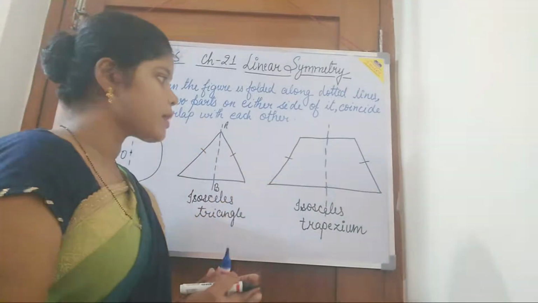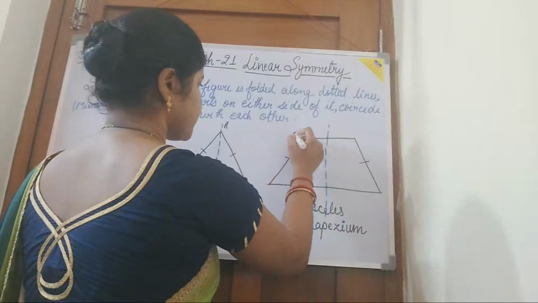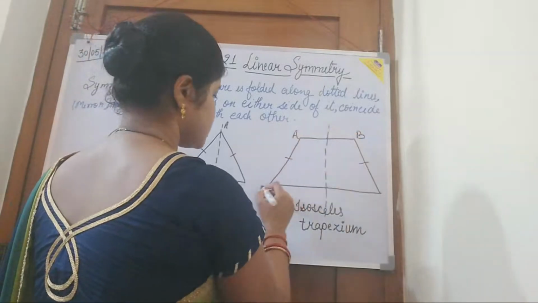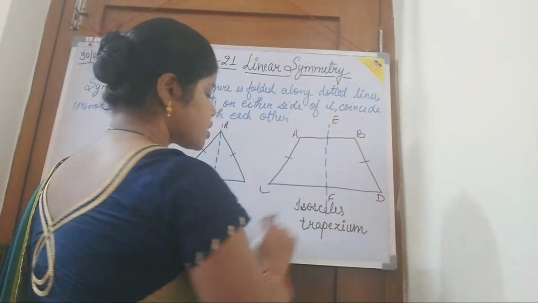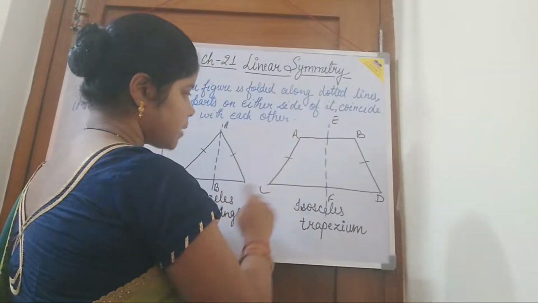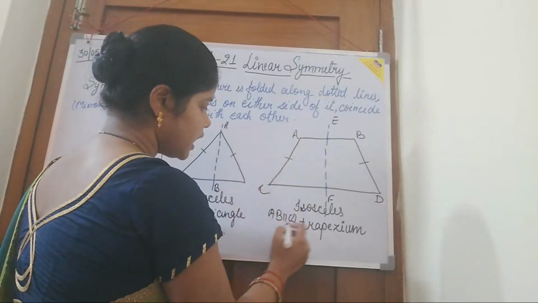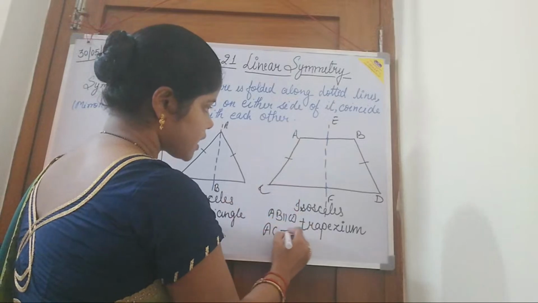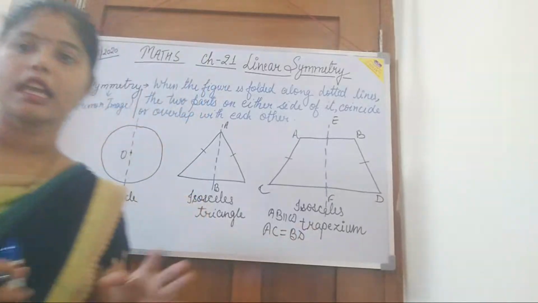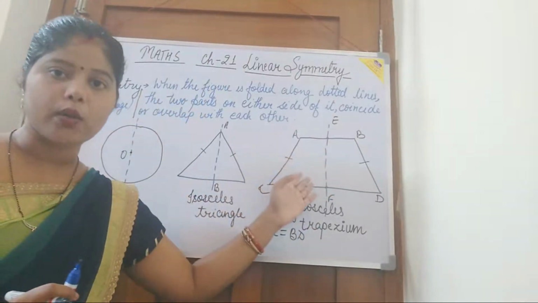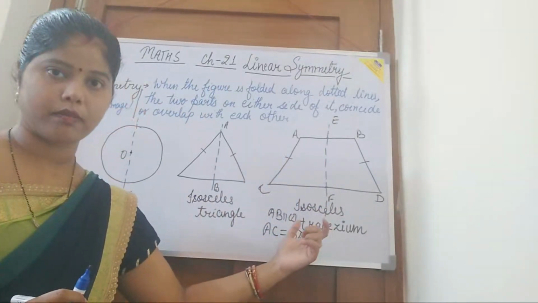Same in the isosceles trapezium. This one has sides A, B, C, D, and this line of symmetry we name EF. In this isosceles trapezium, AB is parallel to CD, and AC is equal to BD. If its non-parallel sides are equal, then we can say that this type of trapezium is an isosceles trapezium.